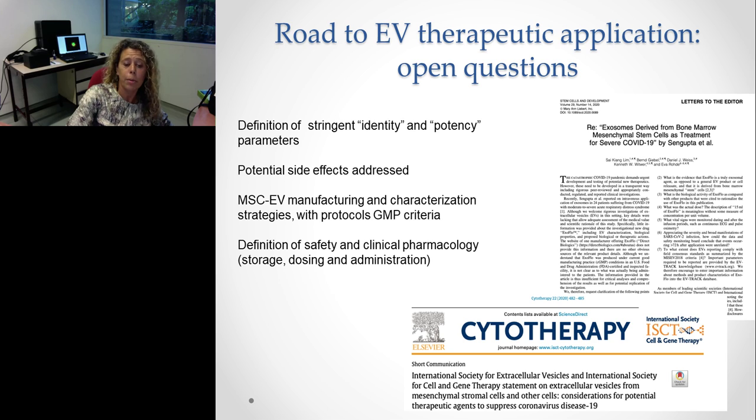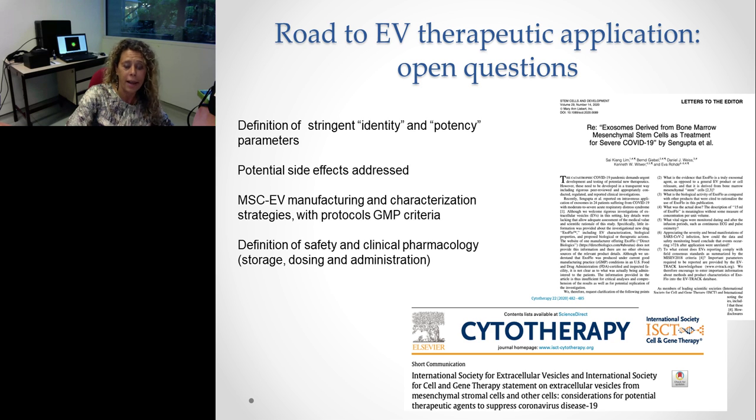Also, it's important to make some consideration on the source of vesicles we want to administer. Having potency tests, we need to consider that EVs from different subjects might have strong variability.